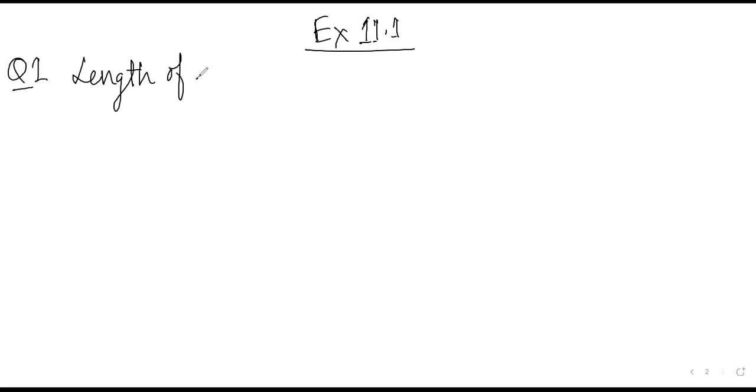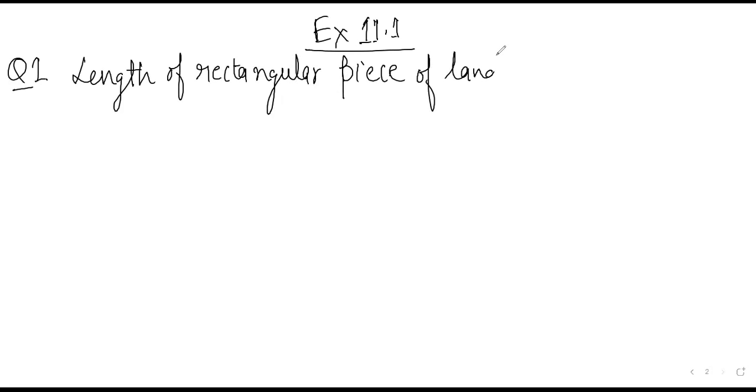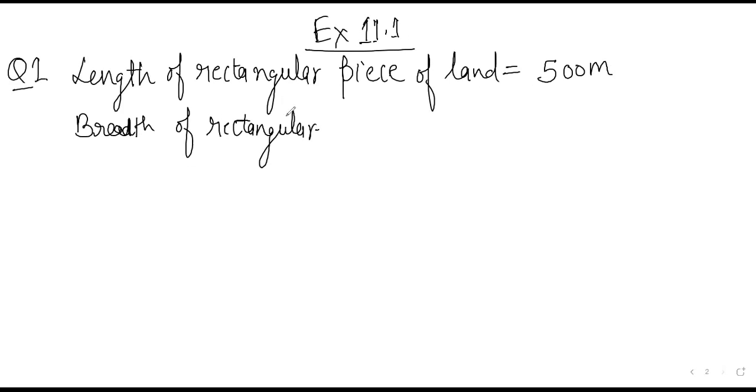Length of a rectangular piece of land, that is given 500 meter, and breadth of rectangular piece of land is equals to 300 meter, right, respectively.